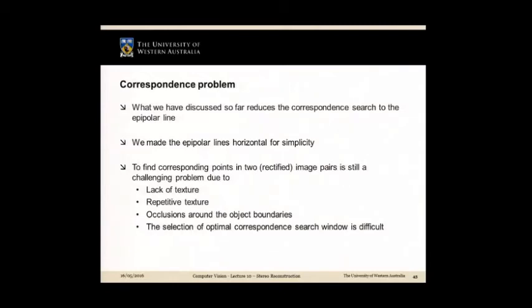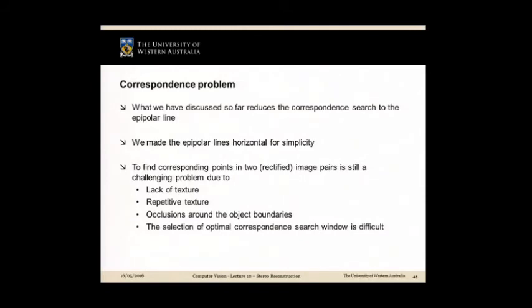So lack of texture is one challenge. Repetitive texture. If you have repetitive texture, will you be able to find correspondence? So you have a fence. A fence has a repetitive texture, right? Zebra pattern, that's repetitive texture. So finding correspondence could be challenging in that particular case as well.